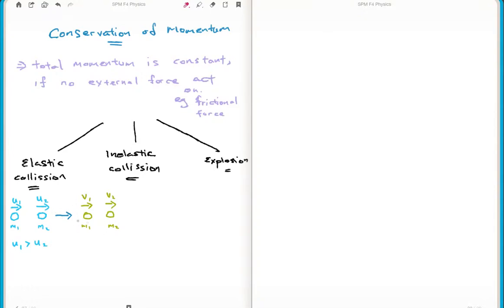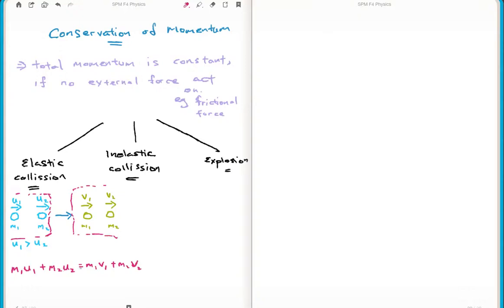So what would the equation be? The total momentum on the left-hand side should be the same as the total momentum on the right-hand side. So m1 u1 plus m2 u2 is equal to m1 v1 plus m2 v2, depending on what the question asks.